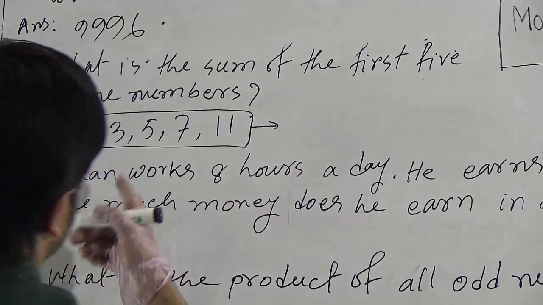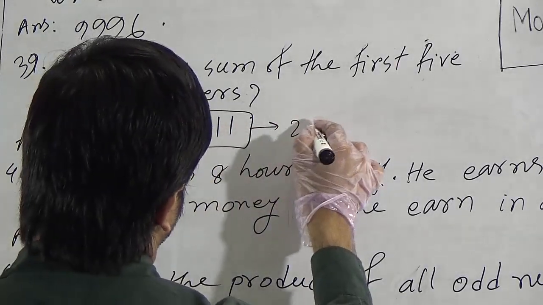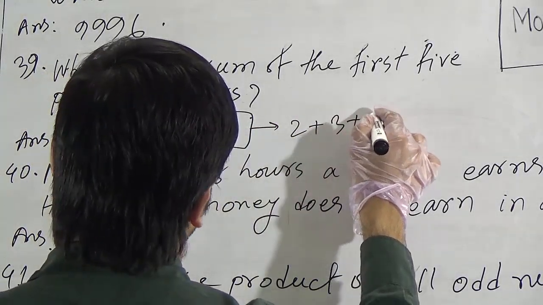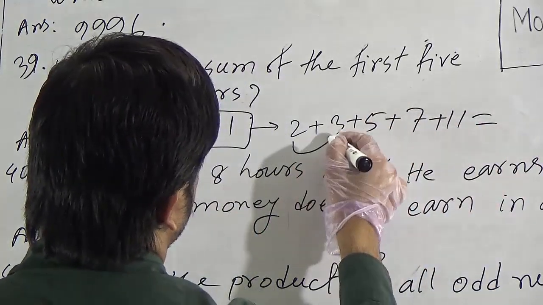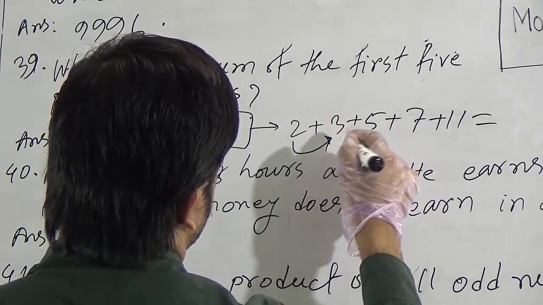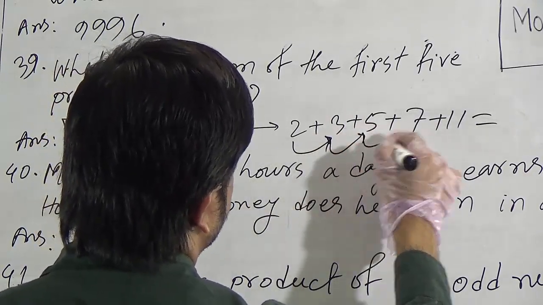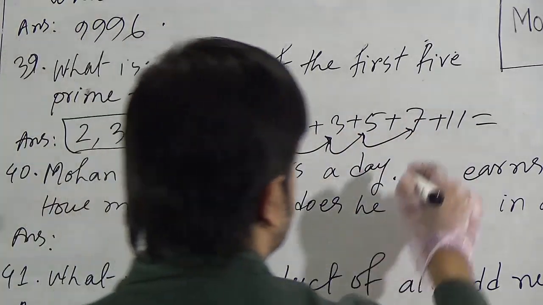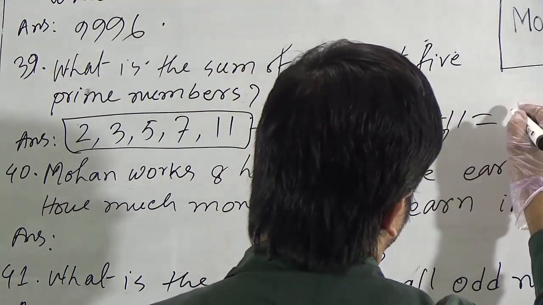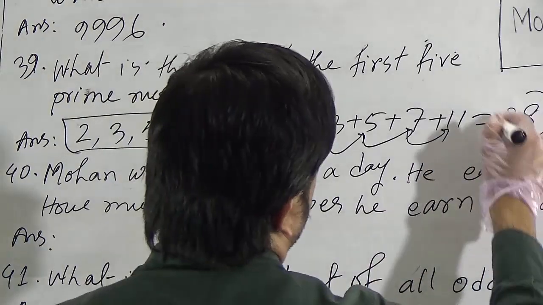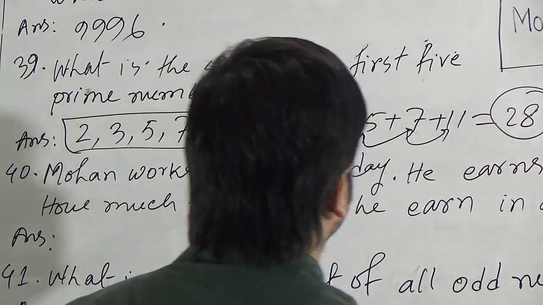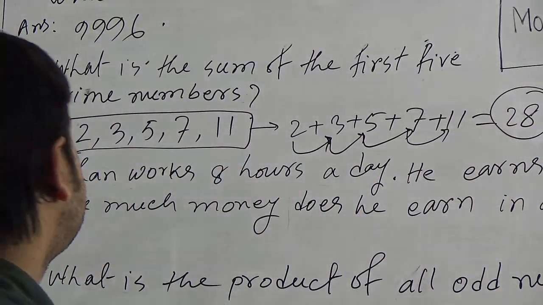So the sum of these first 5 prime numbers should be 2 plus 3 plus 5 plus 7 plus 11. 2 and 3 are 5, 5 and 5 are 10, 10 and 7 is 17, 17 and 11 is 28. So our required answer for this question is 28.